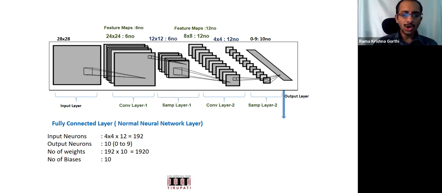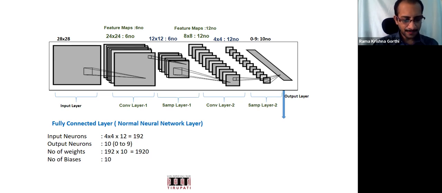Right, very good. We have discussed layer by layer previously, but now let us see overall which are all the parameters to be learned. Let us start from the first layer and figure out which parameters are to be learned.